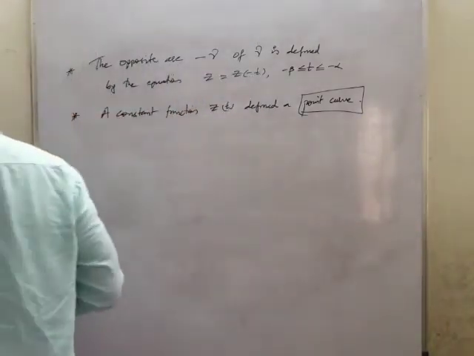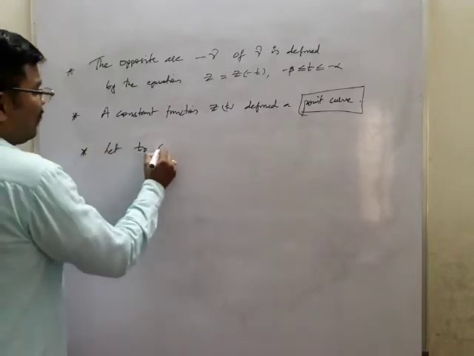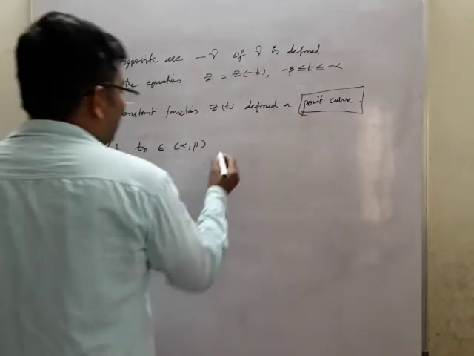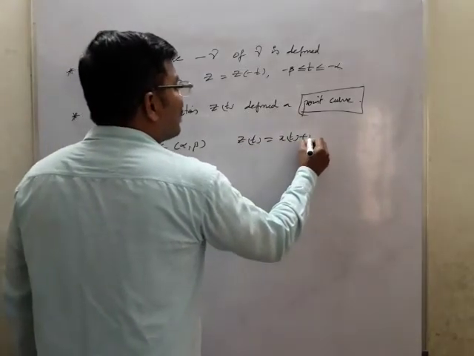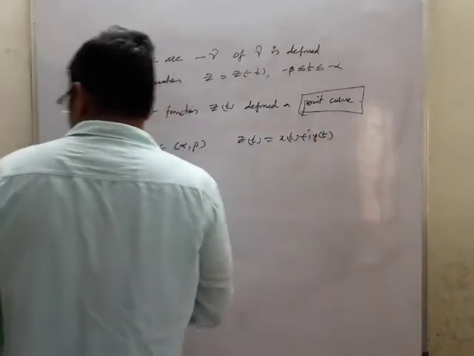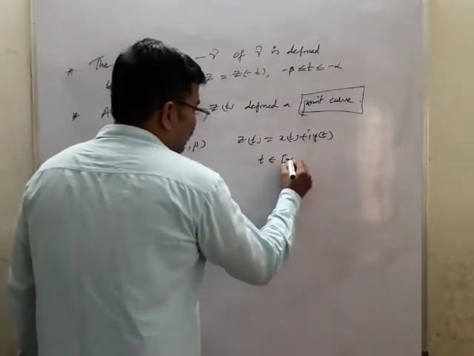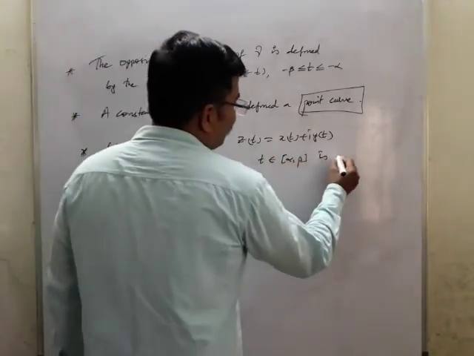Suppose, for example, t naught belongs to the open interval (alpha, beta), and z of t is equal to x of t plus i y of t, where t belongs to the closed interval [alpha, beta]. Beta is a closed curve.